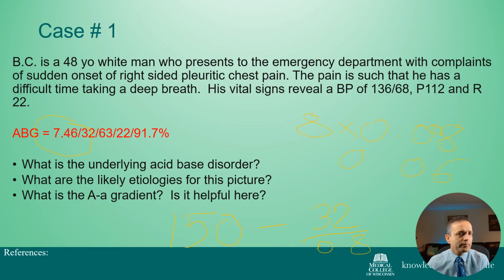So 150 minus 40 is going to be 110. So the AA gradient is markedly elevated. So the normal AA gradient is age divided by 4 plus 4. So this patient should have a normal AA gradient of 16, but this patient has a very high AA gradient.